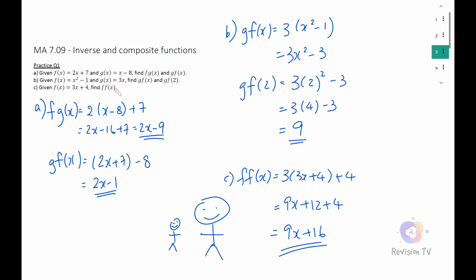You're going to put yourself into your own costume. So f of x is 3x plus 4. We're going to replace x with the 3x plus 4. So 3, not x anymore, 3x plus 4 plus 4. Expand the bracket, and then you get the answer.